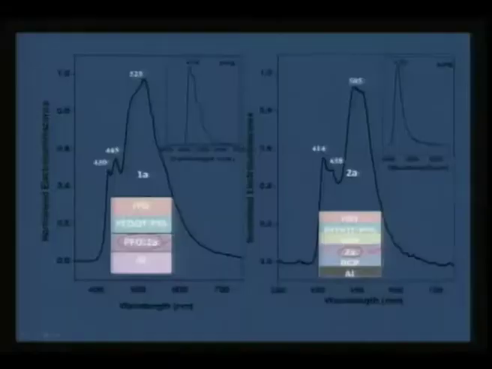Now, whatever be the case, whether it is spin coated with a PFO 1A composite or a vacuum sublimated, thermally evaporated layer, whatever be the device configuration, you can see almost a similar feature in the electroluminescence. This is the electroluminescence data.